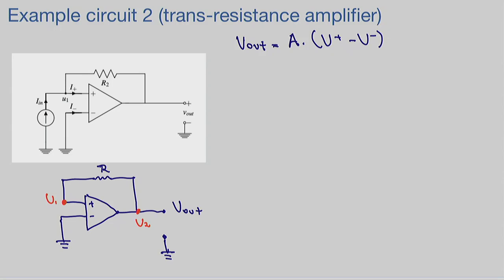For the trick we are going to wiggle the output, and then we are going to look at the potentials that are affected by this. So I can forget about this. And I look here. I have a resistor connecting U1 and U2.